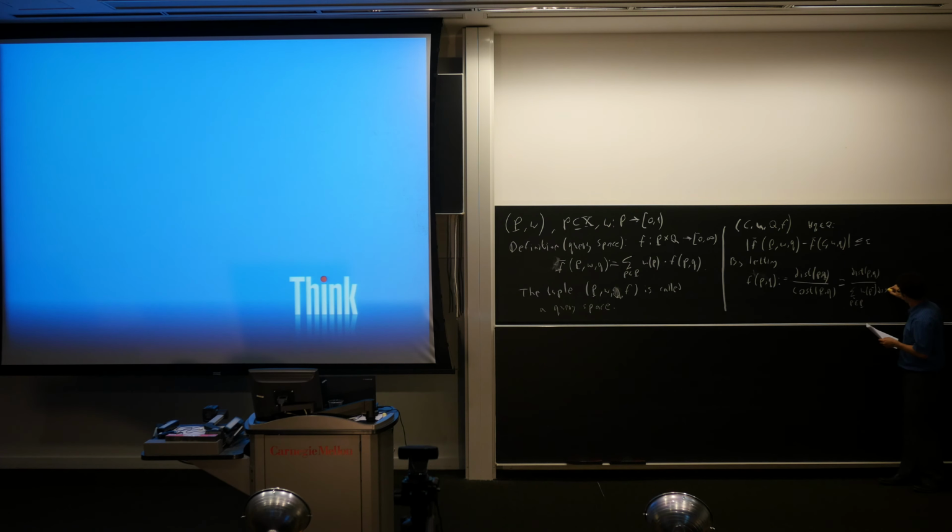So this is just the total cost. If I define this function based on the distance cost from the previous slide, and I can prove that I have this property, then we have coresets as we defined before.